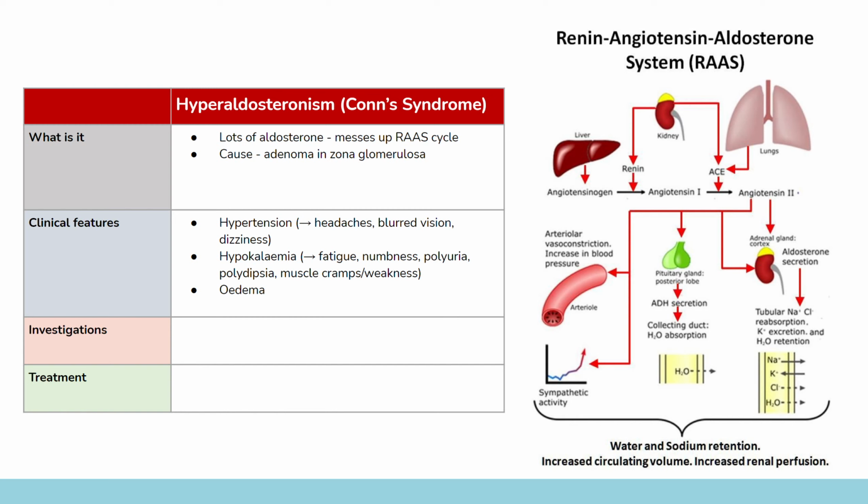You can get hypokalemia, which can lead to fatigue, numbness, polyuria, polydipsia, muscle cramps, and weakness. And you can also get edema. So to test for this condition, you do urine potassium and aldosterone. And treatment is either resecting the tumor or you can give the patient diuretics.